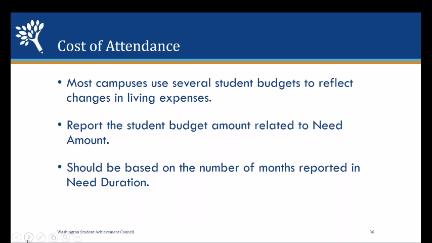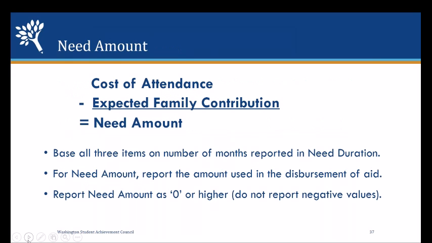They need to match. So here's the need calculation that you all intimately are aware of. You've got your cost of attendance minus your expected family contribution, and that equals need. The need is based on all three items on the number of months reported in the need duration.